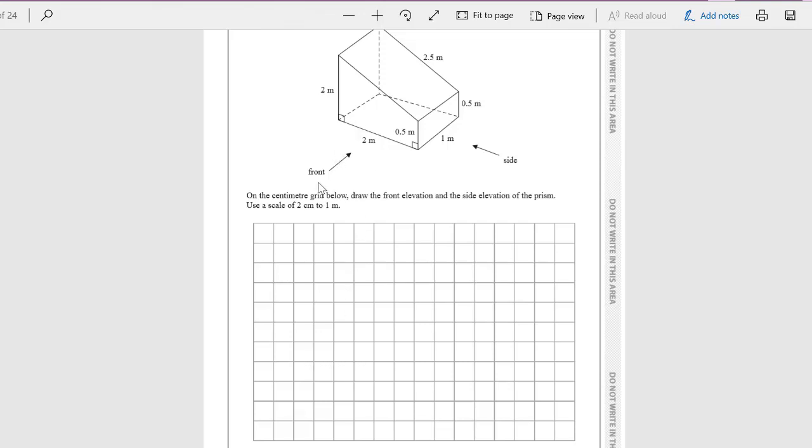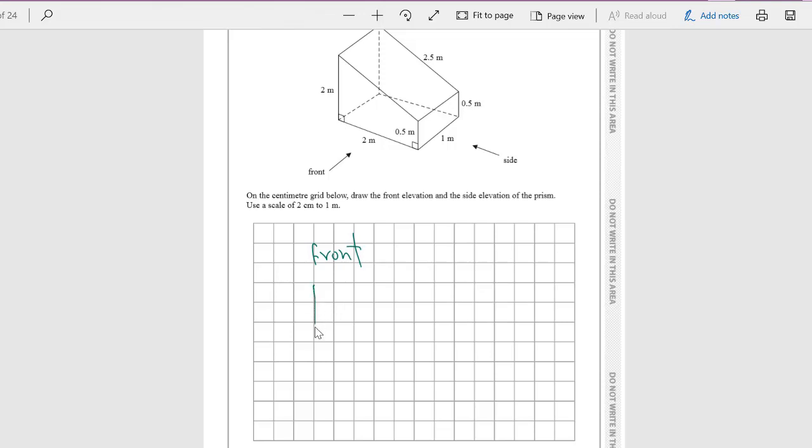Okay, so let's draw. So this is the front. It's telling us this is the front face, and then this is the side face, or view, however you want to put it. So let's draw the front first. We know that the front facing side is going to be 2 meters, and if each one is 0.5, that means we're going to have 4.